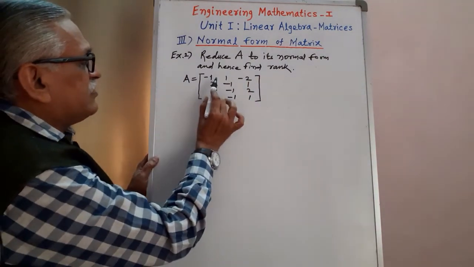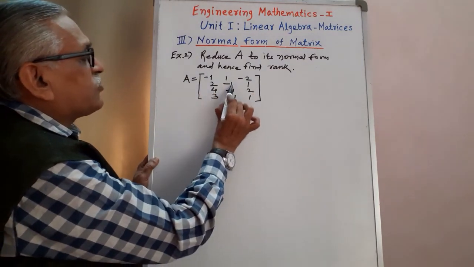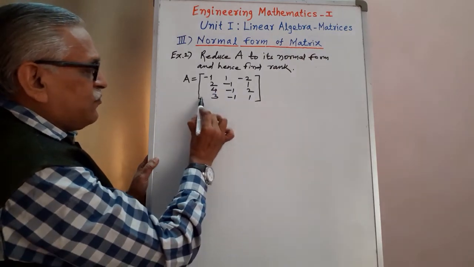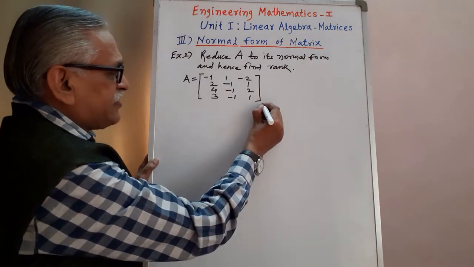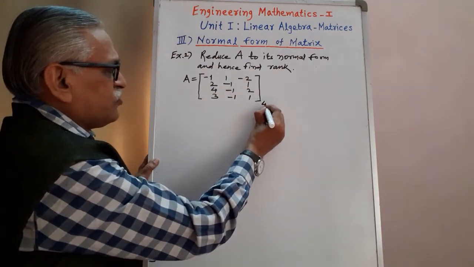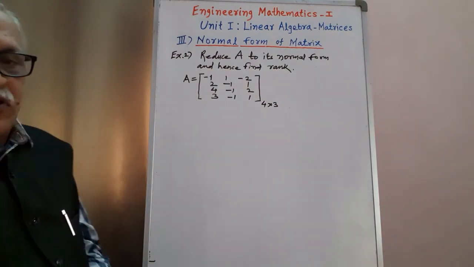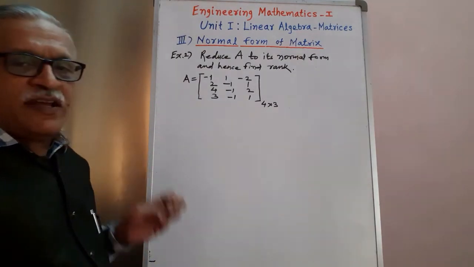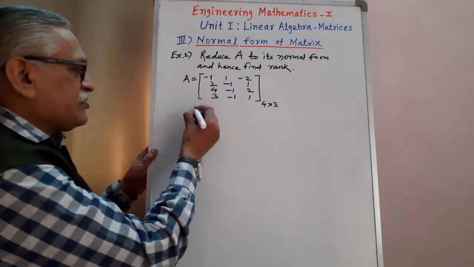Given matrix A is with the elements minus 1, 1, minus 2, 2, minus 1, 1, third row 4, minus 1, 2, and fourth row 3, minus 1, 1. Here the order of the matrix is 4 rows and 3 columns. Okay. Therefore, to obtain its normal form, we have to apply elementary row transformation as well as column elementary transformation.